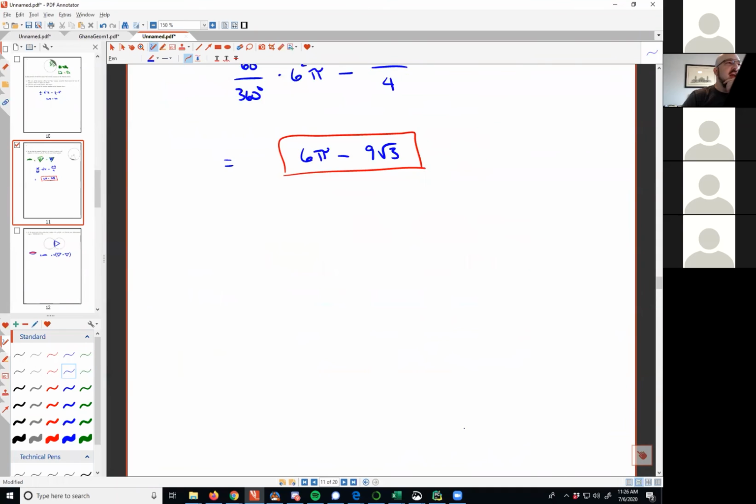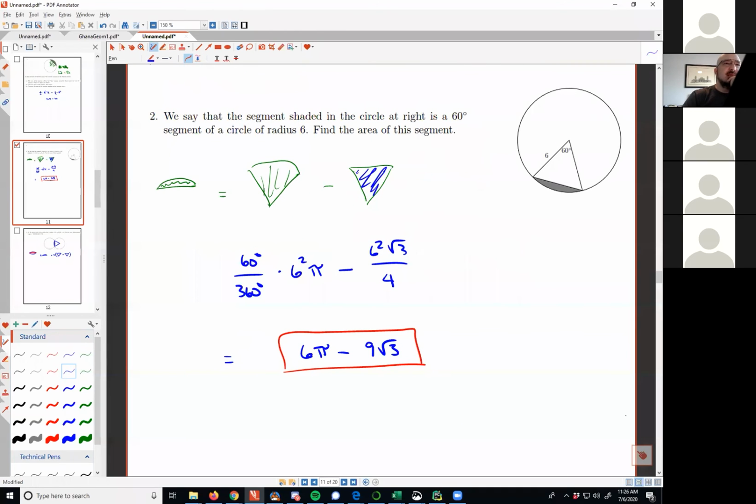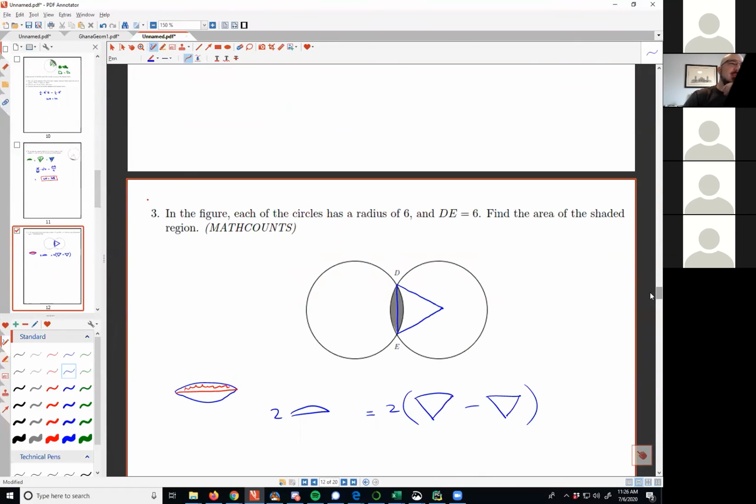Oh, this is actually the same size as the previous problem. So we just take this and multiply it by 2. We've already done our computations for this one essentially. And our area should be 12 pi minus 18 root 3.